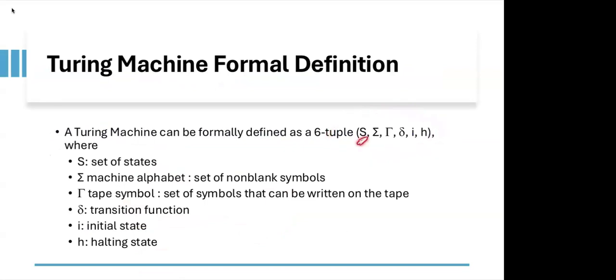S is the set of states, sigma is, as usual, the set of non-blank symbols of the machine alphabet. Gamma is the tape symbols, the set of symbols that can be written on the tape, so delta will be there as well. Small delta is the transition function. I is the initial state and H is the halting state.